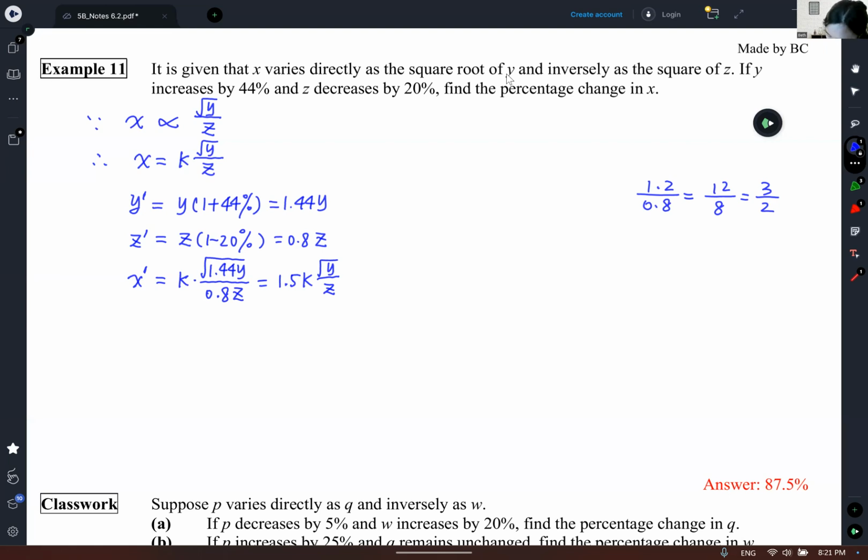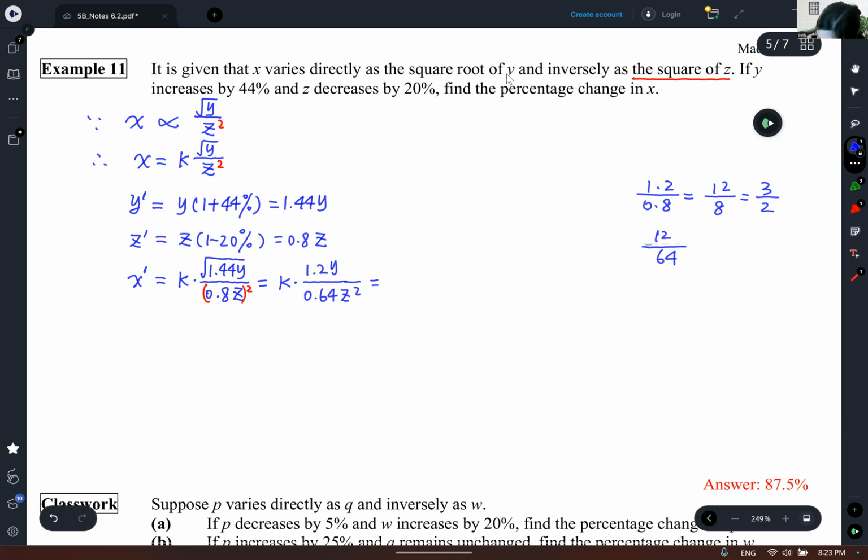In that case, it's 1.2 over 0.64, 120 divided by 64, that's 15 over 8. Yes, that's 15 over 8 k times square root y divided by z squared.